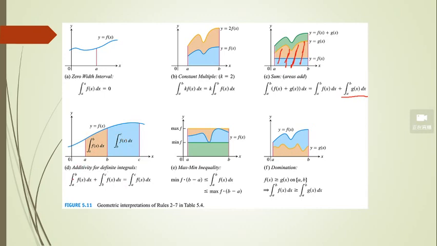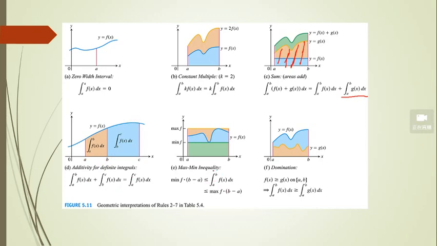But be careful, this number B should be the same number. A to B, then B to C, right? But if you are talking about A to B plus C to D, then we are not sure, because there should be the point B to connect those two areas, right? A to B, B to C.